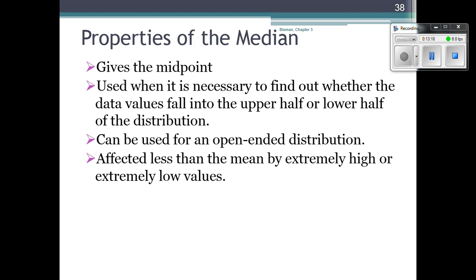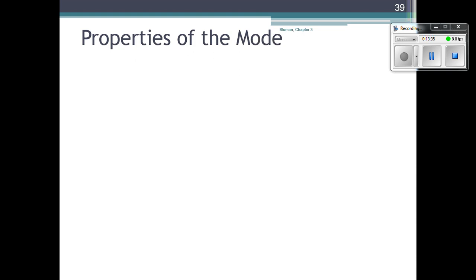With the mean, if you add something that is 3 times higher than the previous high number, that'll affect your average quite a bit. If you do that with the median, all it does is move your median over a little bit. It doesn't affect it quite as much.